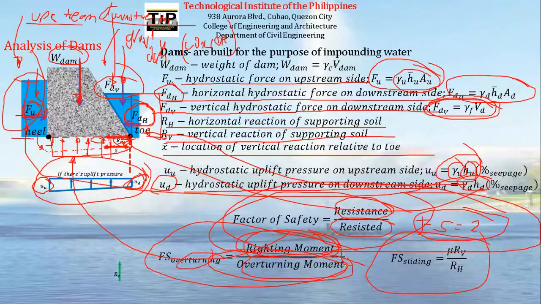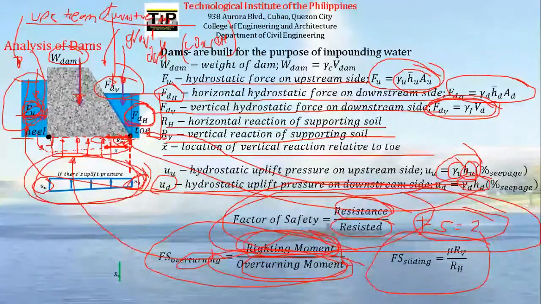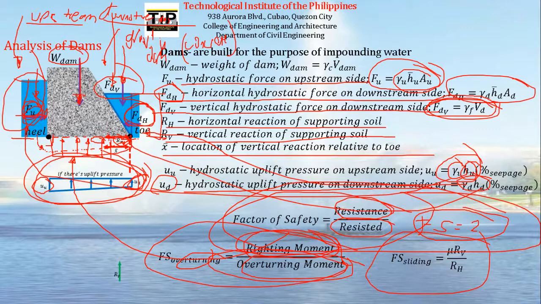The overturning moment is the moment that will cause the dam to overturn. So the hydrostatic force and the uplift pressure are what cause the dam to fail. If these are stronger than the moment caused by the weight, then the dam will overturn. So the righting moment should always be more than the overturning moment.